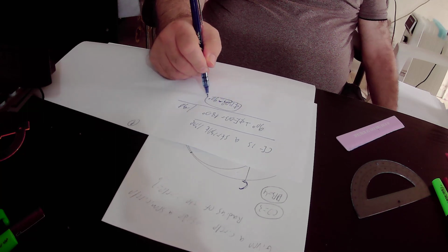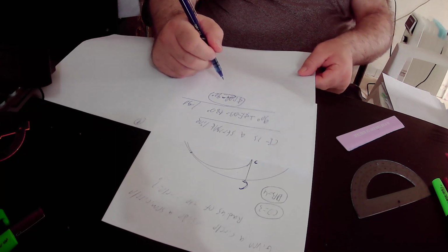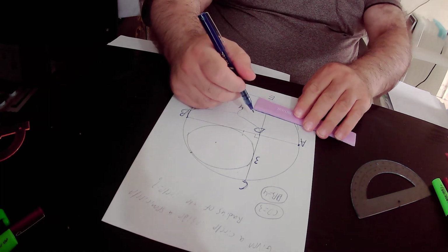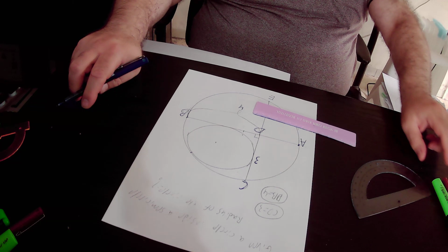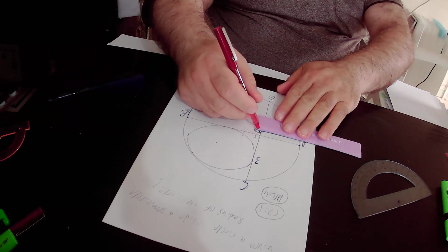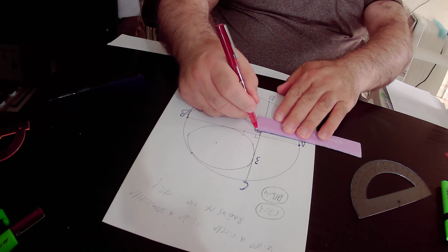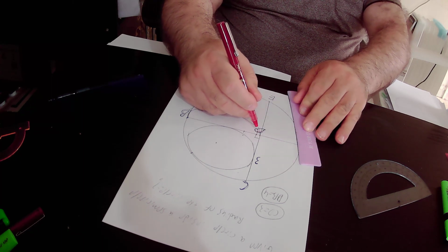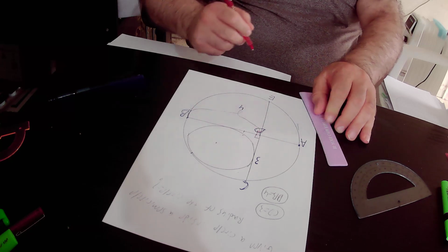Angle EDB equals 90 degrees. This angle is a right angle.